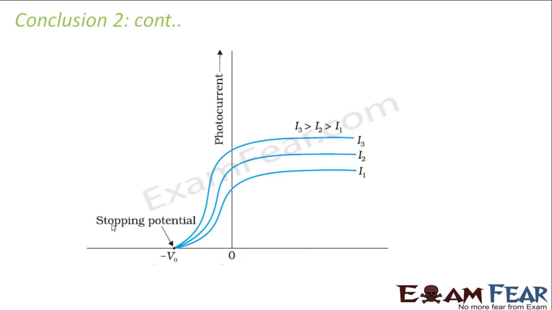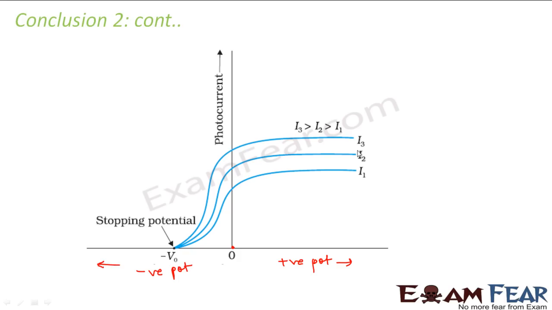How is it that stopping potential does not depend upon intensity and it depends upon frequency? So, a plot, as I told you before, of how photocurrent varies with potential. In this case, this is my positive potential, and on this side my negative potential is increasing.